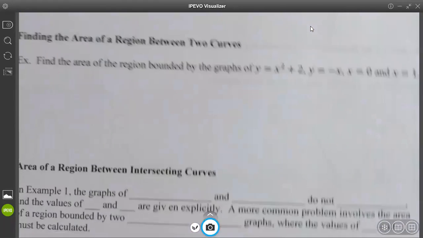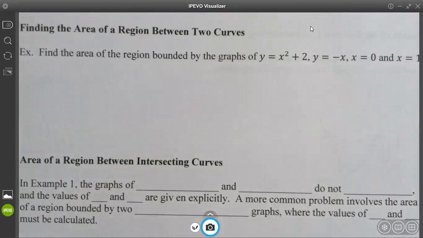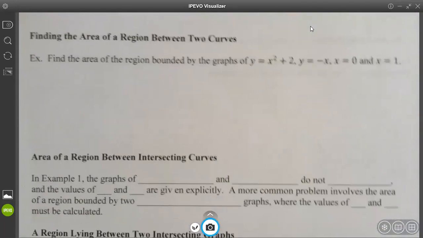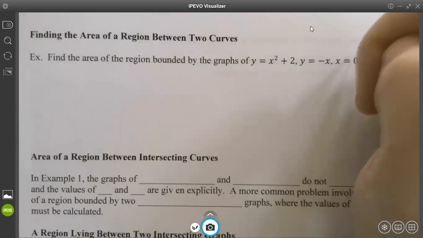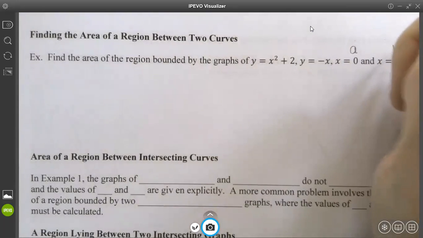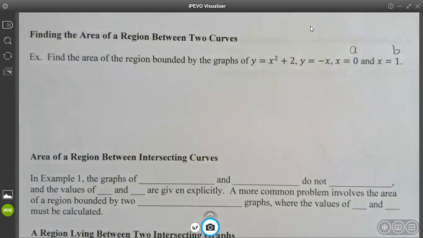All right. Finding the area of a region between two curves. Find the area of the region bounded by the graphs of y equals x squared plus 2 and y equals negative x, between x equals 0 and x equals 1. So this will be your a and your b interval. If we graph these, give me 2 seconds. You guys have a calculator.